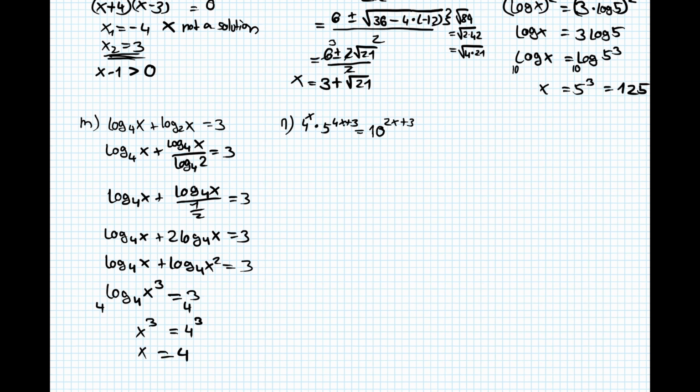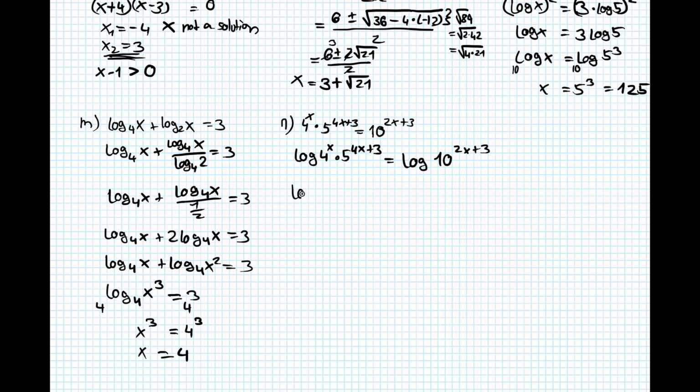Right, let's do our last example. We can take the log of both sides again. 4 to the power of x times 5 to the power of 4x plus 3 is equal to log 10 to the power of 2x plus 3.